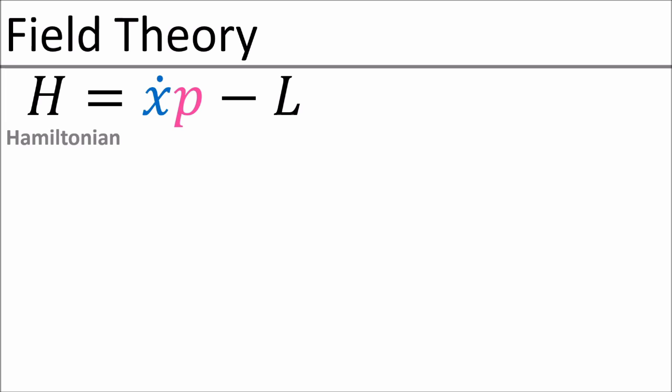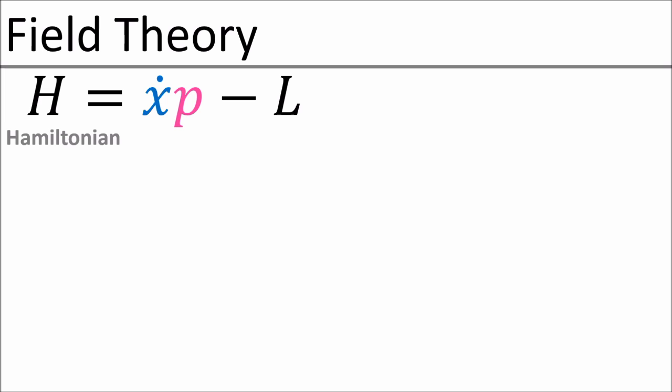Now, one last thing. I've talked about solving problems using the Lagrangian formulation of mechanics, but I should also mention the alternative Hamiltonian formulation of mechanics. We can use the Lagrangian L to define a related quantity H called the Hamiltonian like this.